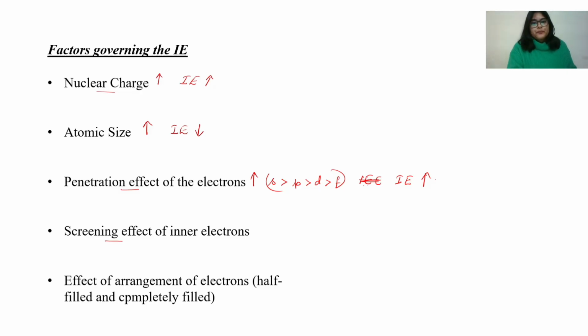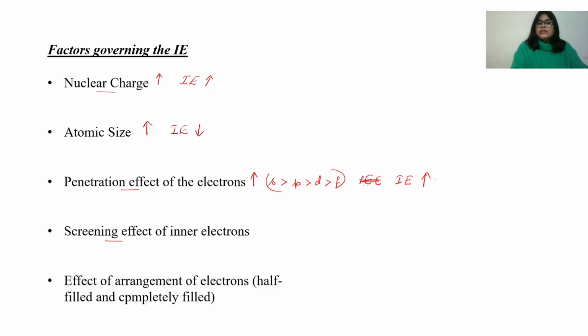So you see, what is screening effect? Basically, the electrons in the inner shell will always exert a repulsive force on the valence electron. Okay, so there is always a competition between the attraction of the nucleus felt by the outermost electron and the repulsive force felt by the valence electron from the inner electrons.